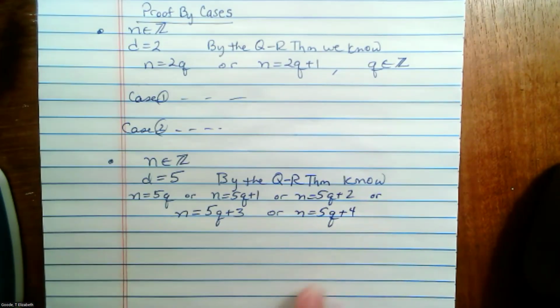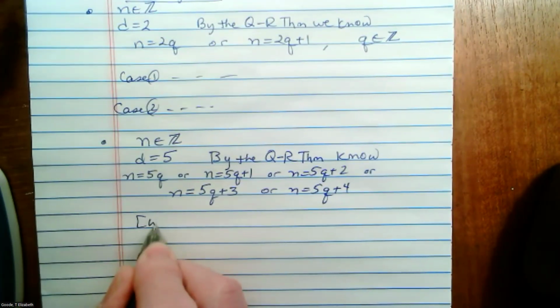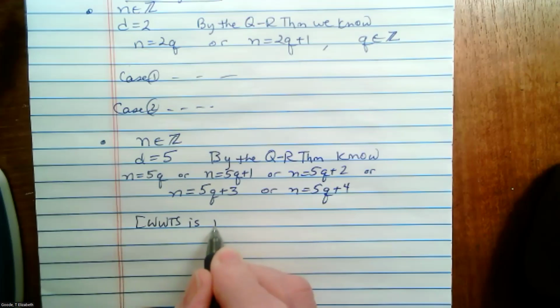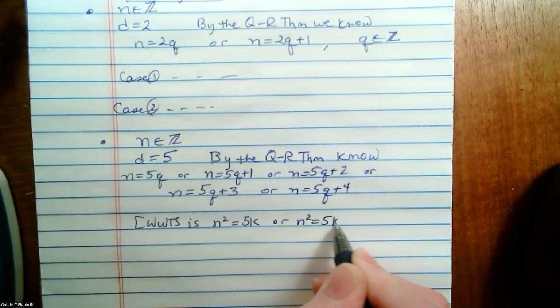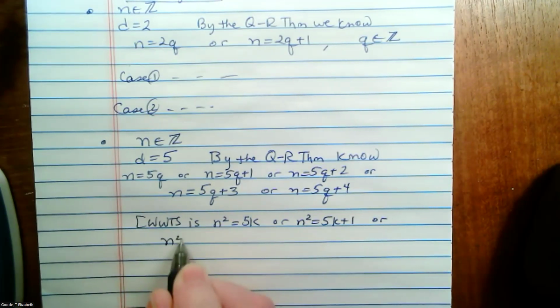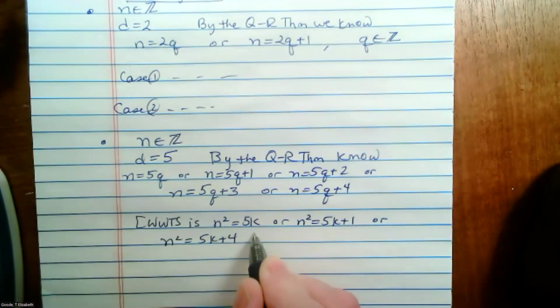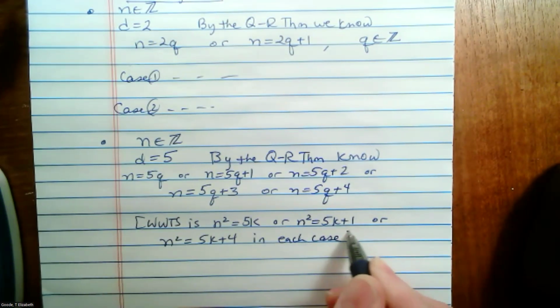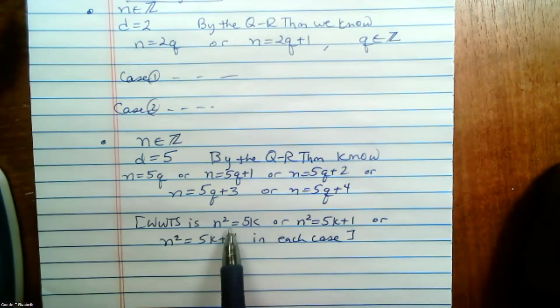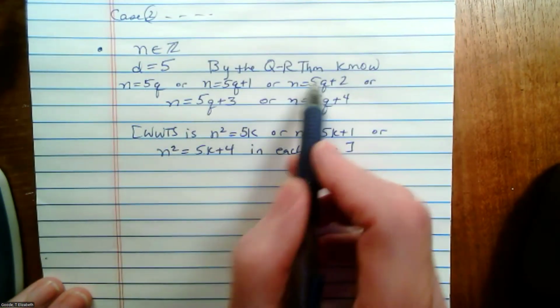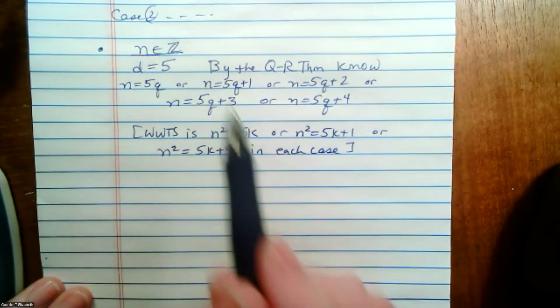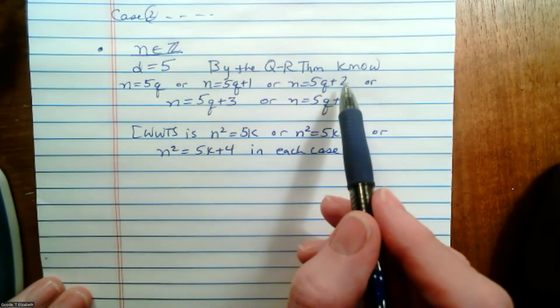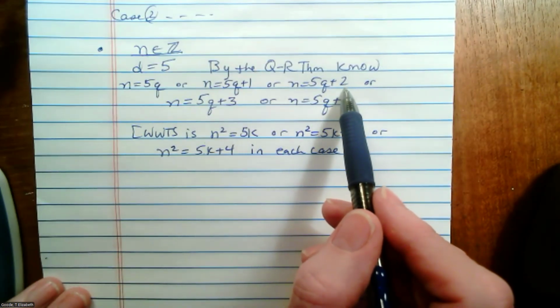So we have 5 cases, even though what we wish to show is that n squared either looks like 5k, or n squared looks like 5k plus 1, or n squared looks like 5k plus 4 in each case. So even though there are only 3 possible ways that n squared could wind up looking, we still have to prove it for 5 different cases for the original integer n, because we don't know what n is. n could be 7, in which case n has the form 5q plus 2.